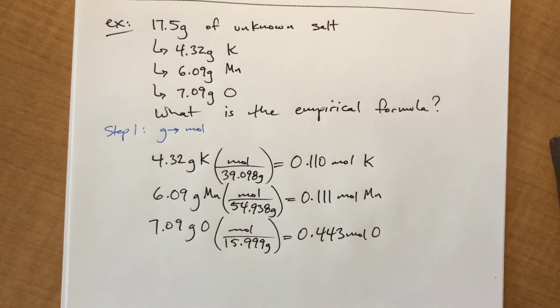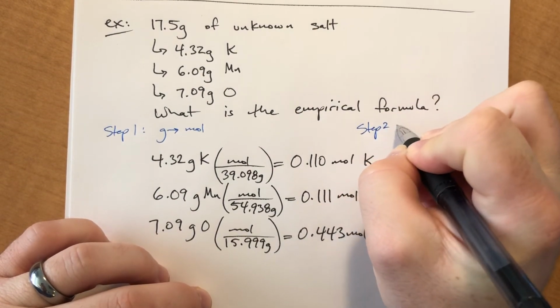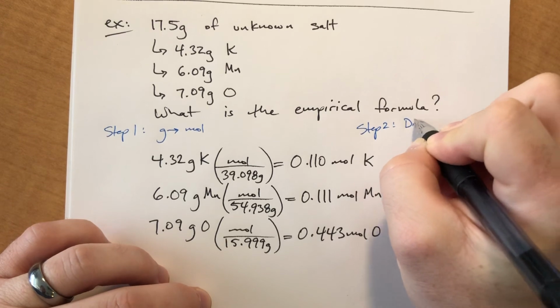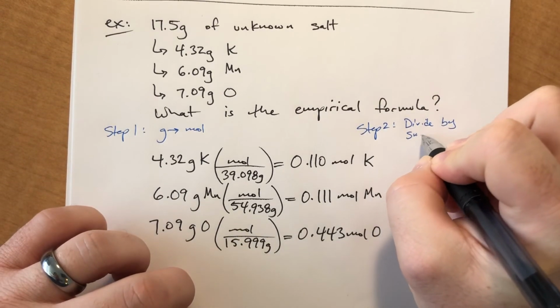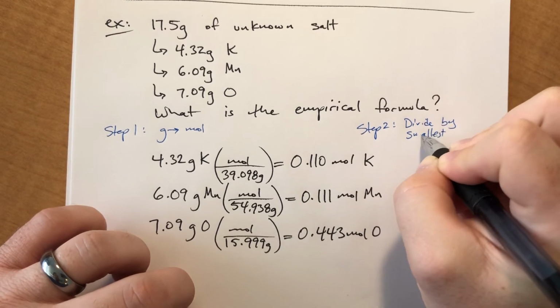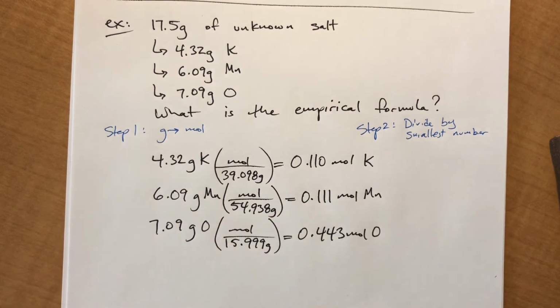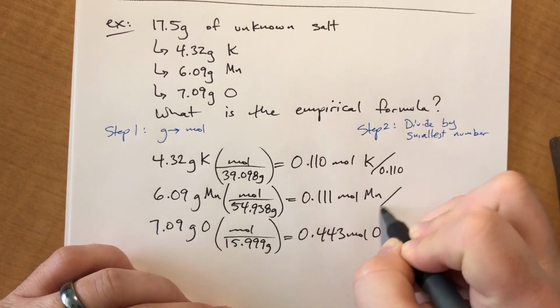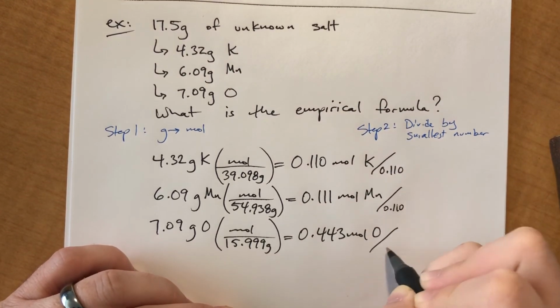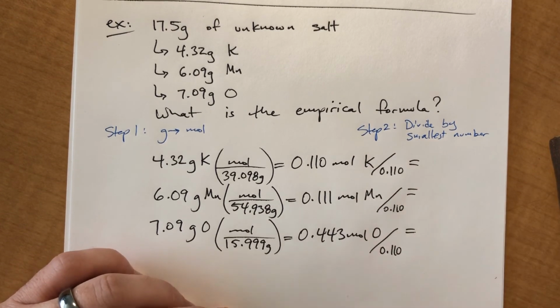So, step 2 of this is basically divide by whatever the smallest number is. 0.110 is the smallest number, so we're going to divide by 0.110. We are looking for nice whole numbers here, so it should work out reasonably.